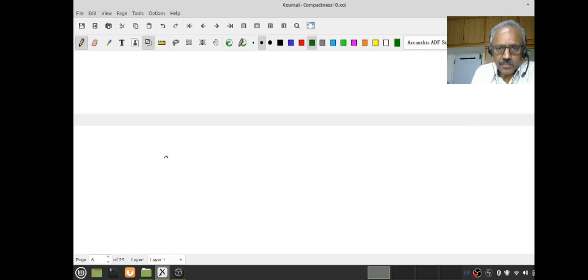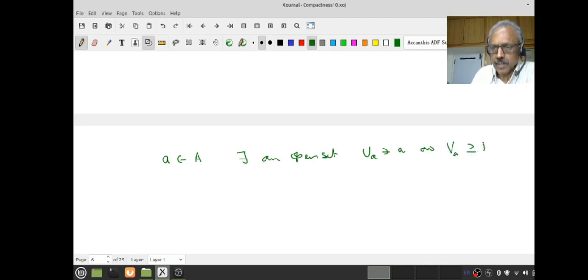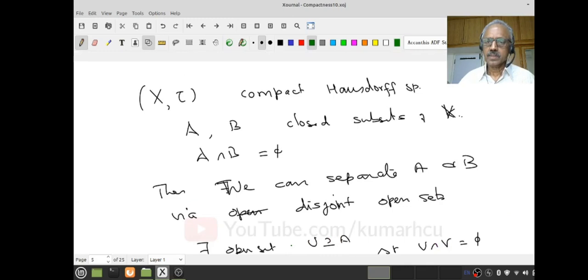So let's start. For each a in A, I know that there exist an open set U_a containing a and V_a containing B, such that U_a intersection V_a is empty. Why? Because A and B are closed sets in a Hausdorff space, and take a little a.